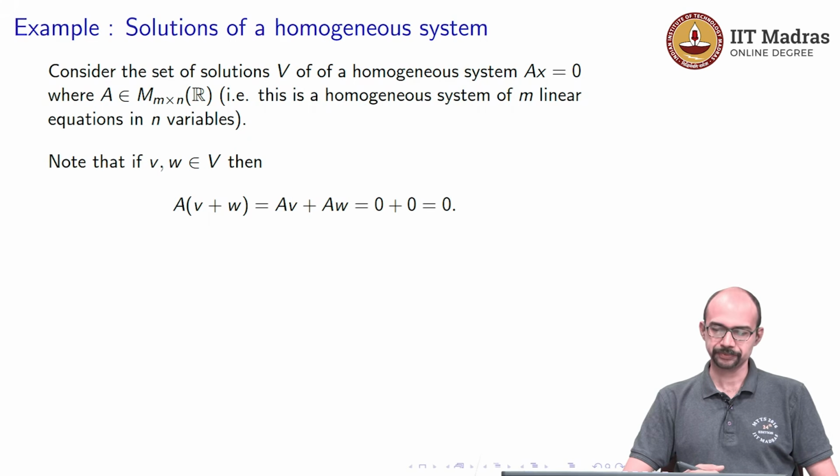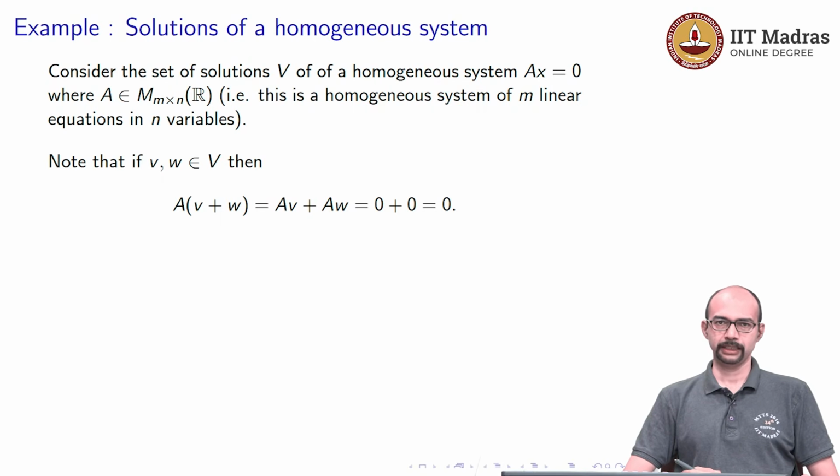So the set V is a subset of Rn. Let us keep that in mind. So when I say vectors, I mean vectors in Rn. So we have two vectors v and w in Rn which are actually in this subset V. Both of these are solutions of this homogeneous system.